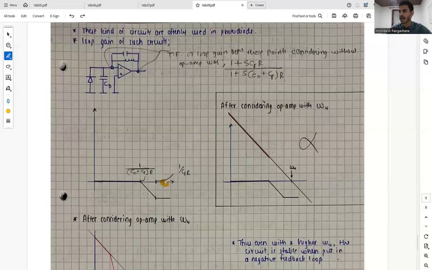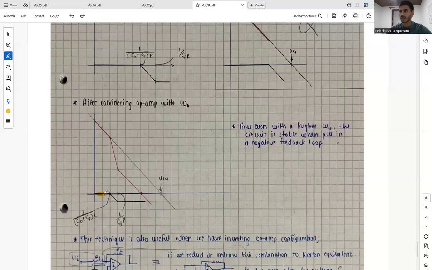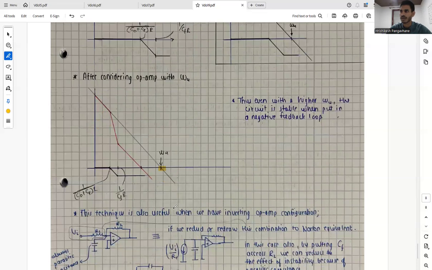Now when we choose a higher value of omega u, let's say our curve is looking like this, we have a curve like this for our op-amp, and when we combine the curves, at our first pole and at our first 0, even though it drops with a minus 40 dB roll off, due to the 0 it will again rise by 20, and it will give a first order behavior near our omega u. Due to this reason, given a higher omega u, the circuit is stable when put in a negative feedback loop.